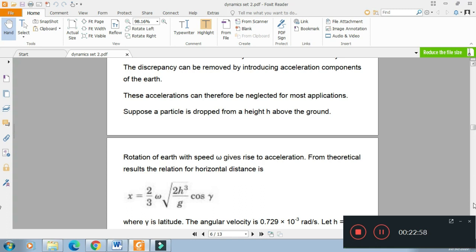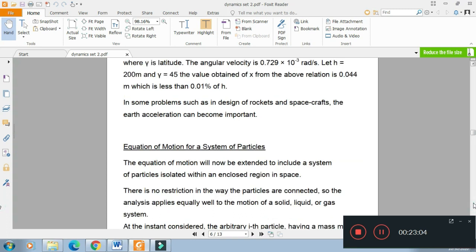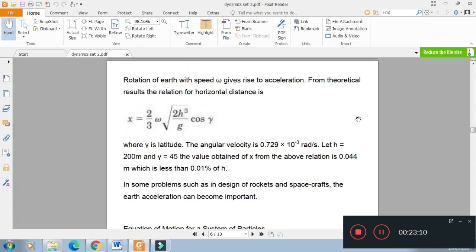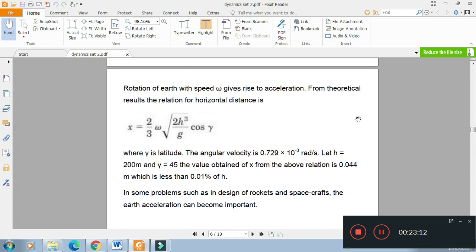We can study the effect of the earth's rotation by a small example. Suppose there is a particle which is released from a certain height. When the particle falls, it will move in the vertical direction.